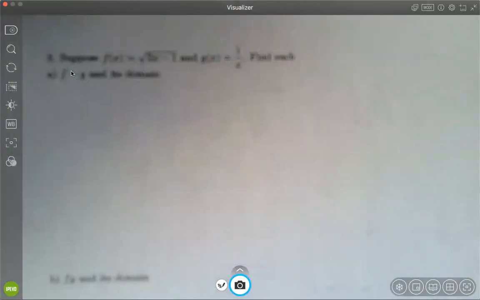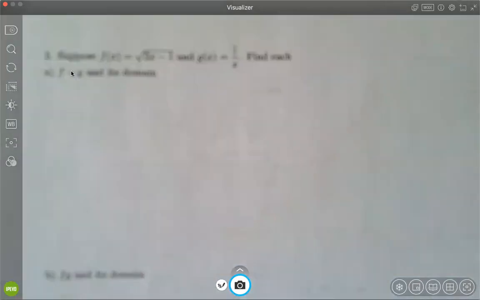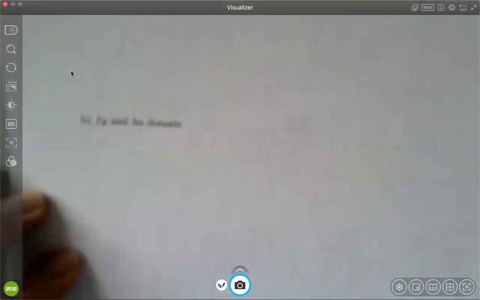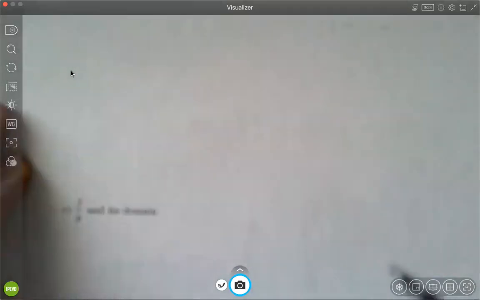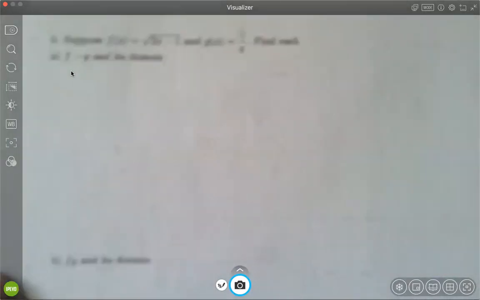So now, you have to find the functions f minus g and its domain, and then fg, and then f over g. So the difference, product, and the quotient functions.